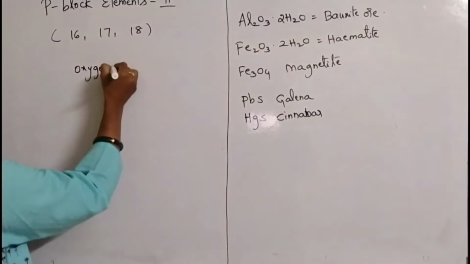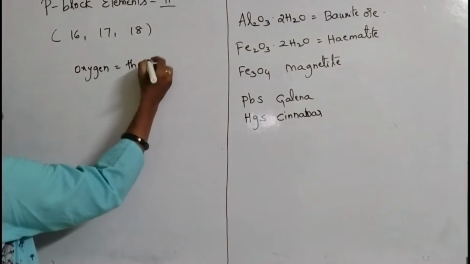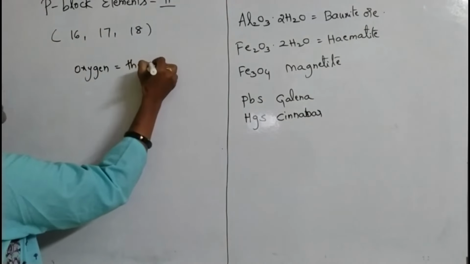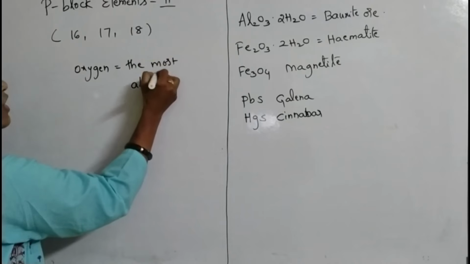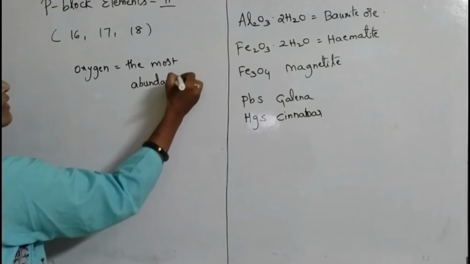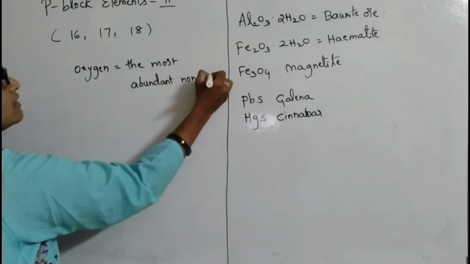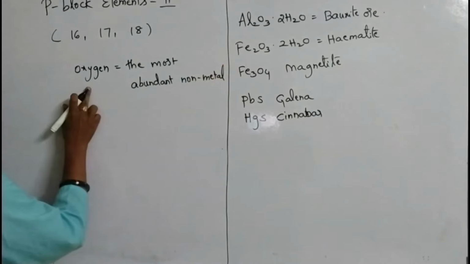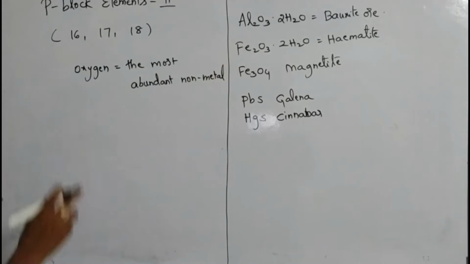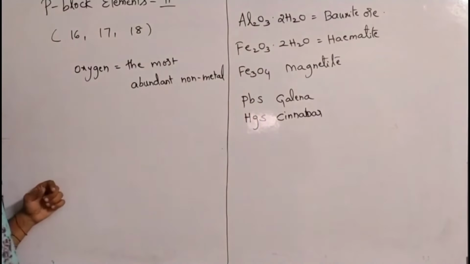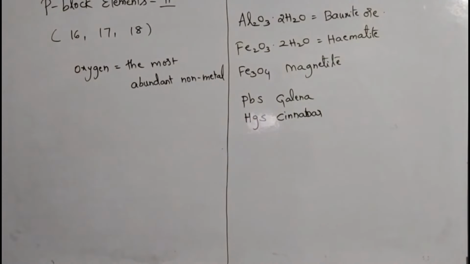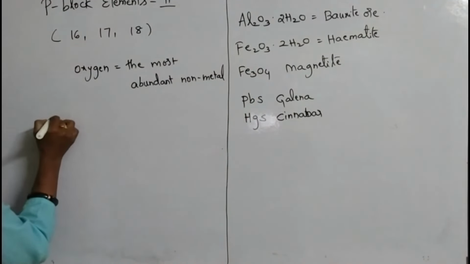It is the most abundant non-metal. Under the earth's crust you find it in the form of oxide ores.